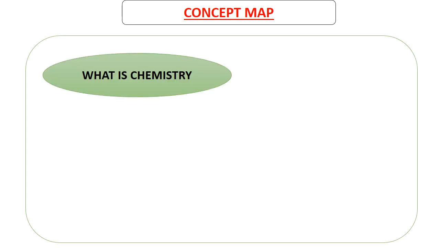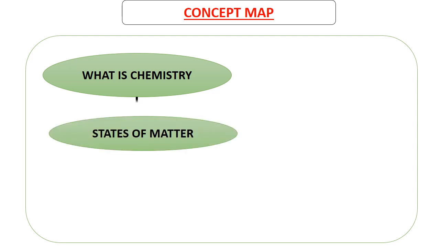So in the first video, we looked at what is chemistry, and we learned that chemistry is the branch of science that studies the chemical composition of matter. Before we could look into what chemicals make up matter, we took a look at matter itself.